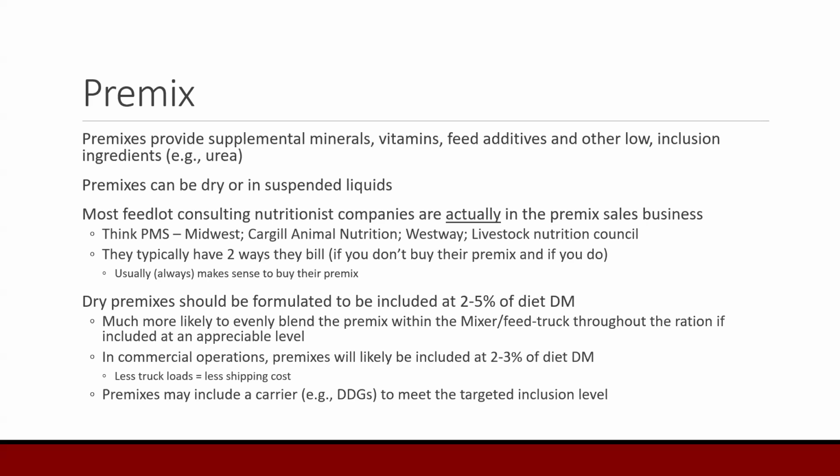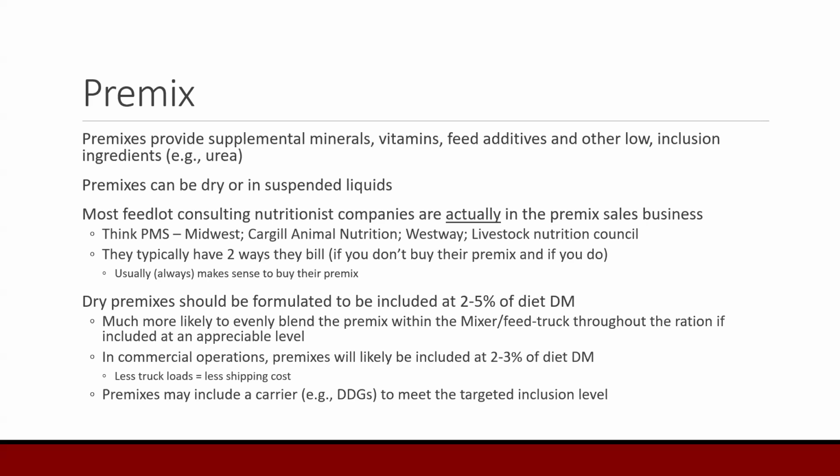Okay, let's say I have a feed truck that has a 30,000 pound capacity. If I had a premix that was 1%, what's 1% of 30,000? It's like 300. Yeah, 1% of 30,000.